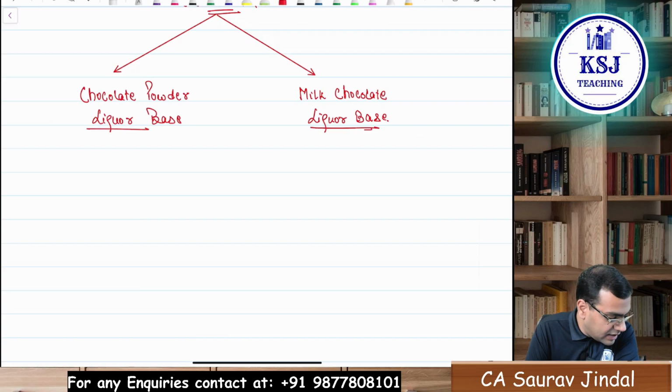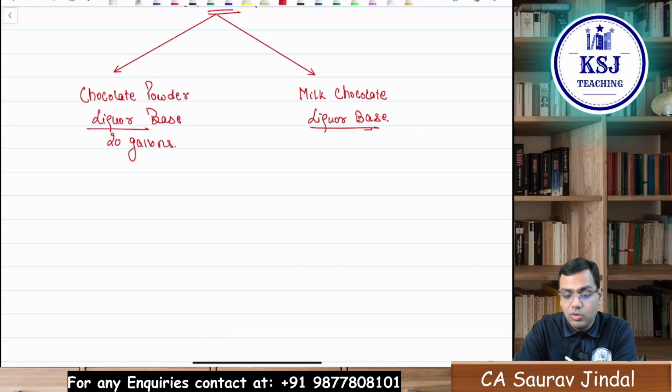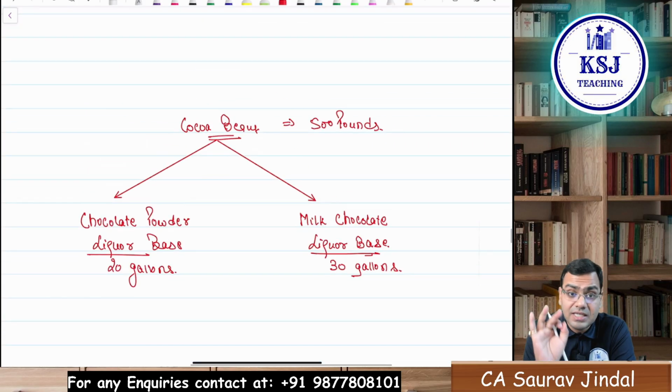We get 20 gallons of this chocolate powder liquor base and 30 gallons of the milk chocolate liquor base by processing 500 pounds of cocoa beans.